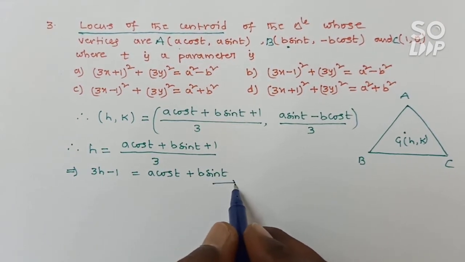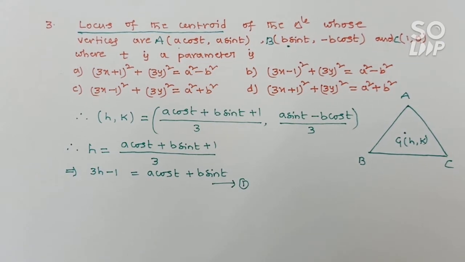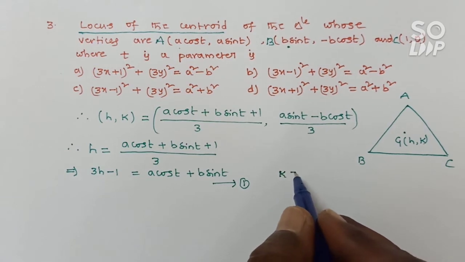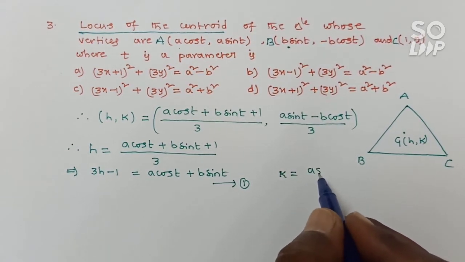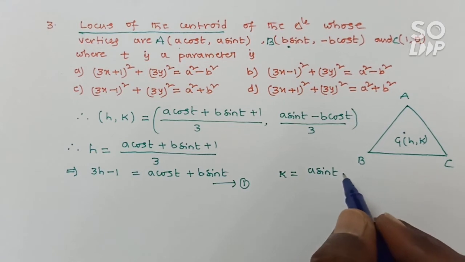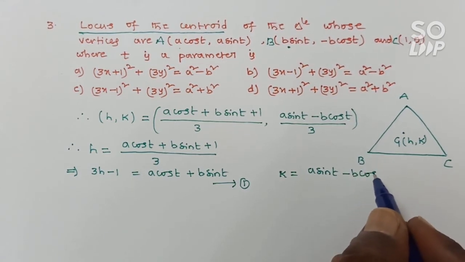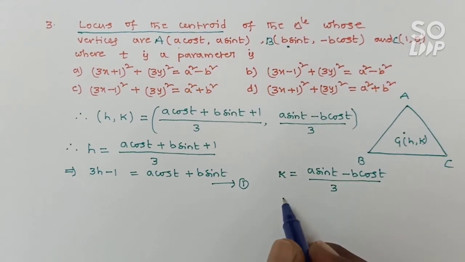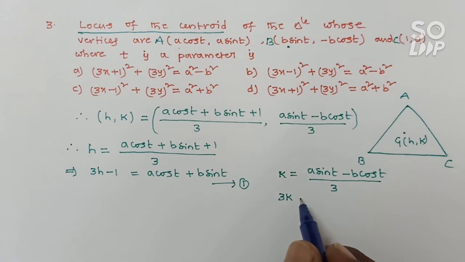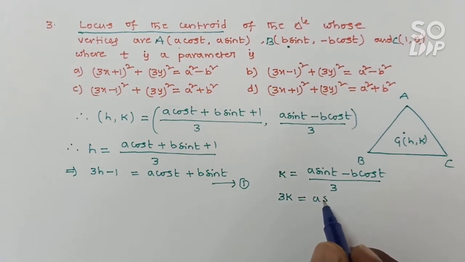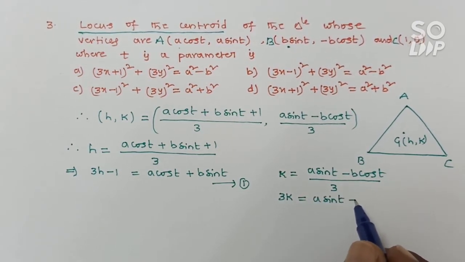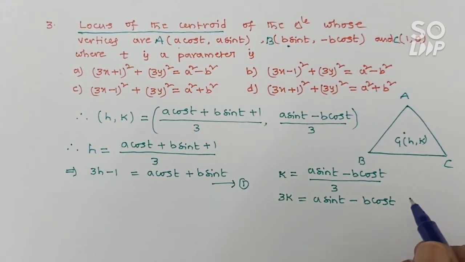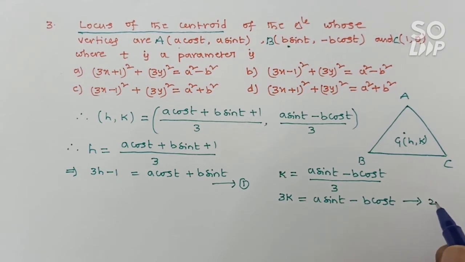Let this be equation 1. And next, k is equal to a sin t minus b cos t, whole divided by 3. Also by cross multiplying, 3k is equal to a sin t minus b cos t. Let this be equation 2.